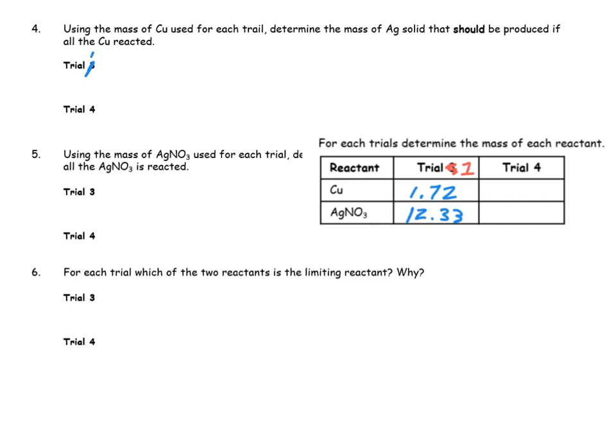The mass of the copper that we started with was 1.72 grams of copper. And we need to figure out how much silver that should produce. A stoichiometry problem that's going to end in grams of silver. You'll do that for trial number 3 and trial number 4 and figure out how many grams of silver you would make if all the copper got used up.